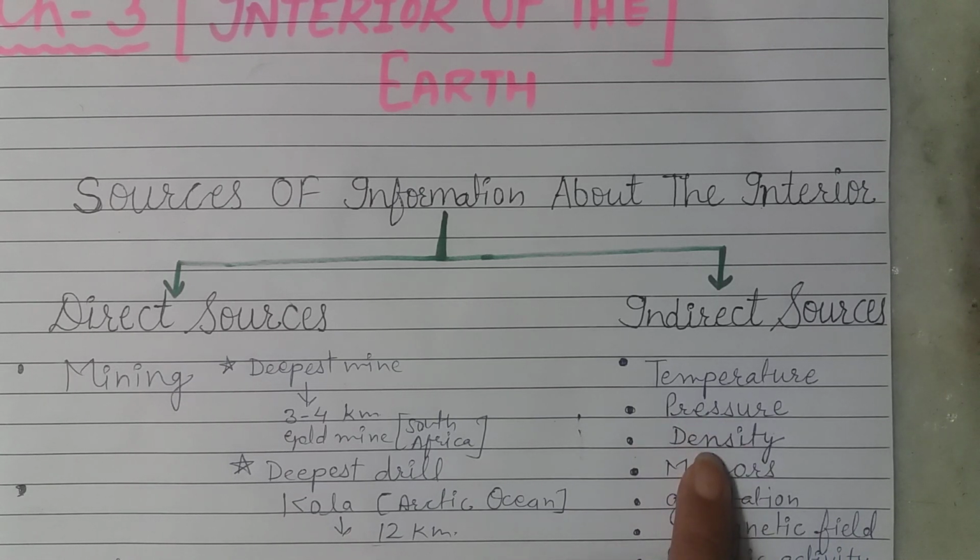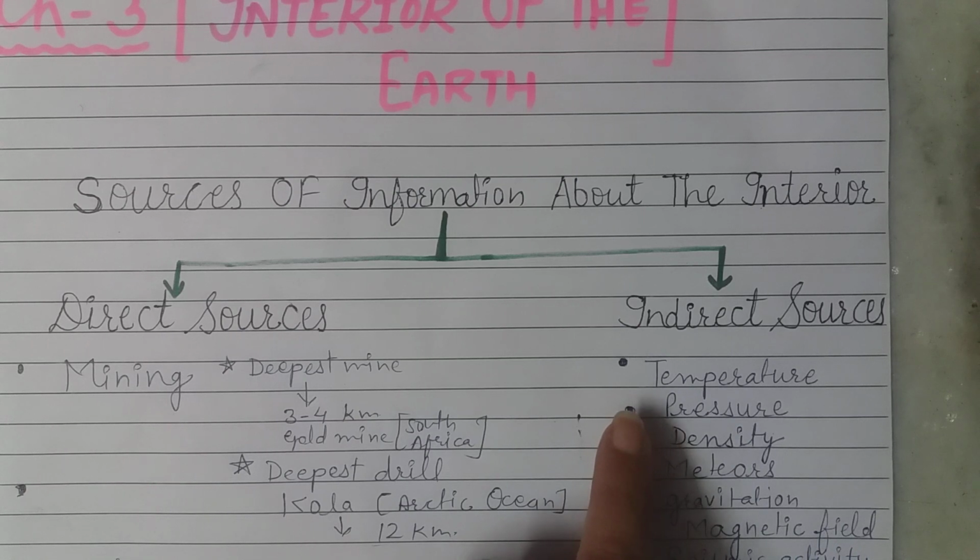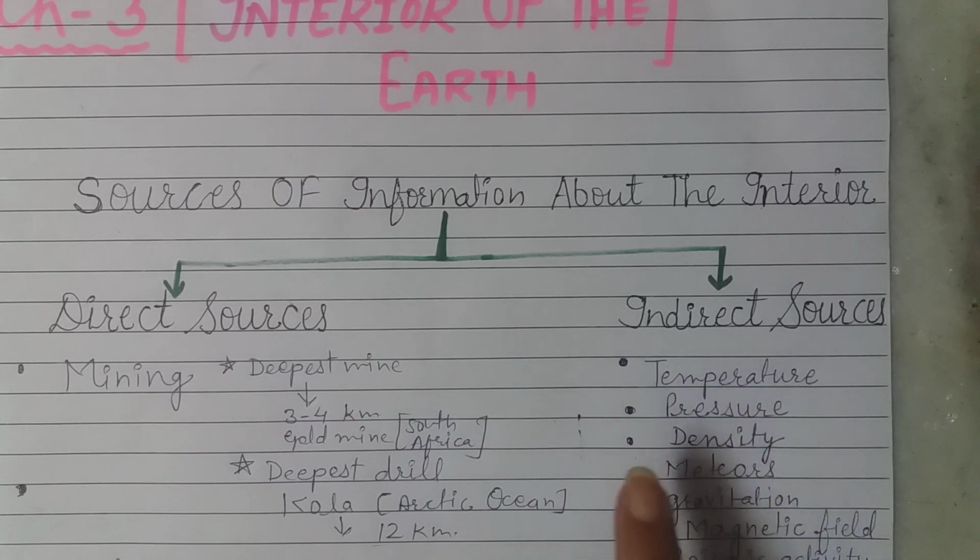The third point is density. The density of the material also increases with depth. So temperature, pressure and density all increase with depth.